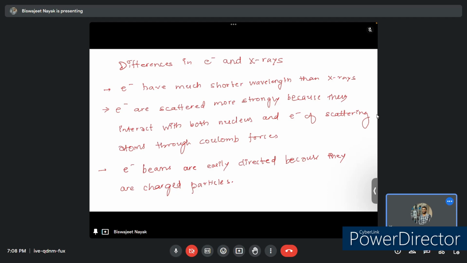So while considering this, how do electrons scatter from planes of atoms? Let's consider two planes of atoms, and we will consider two wave fronts.